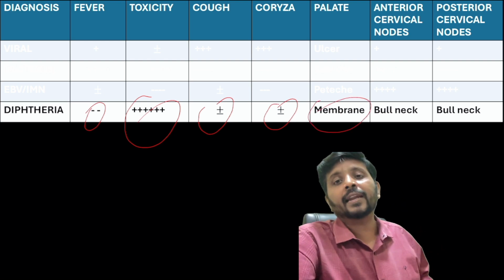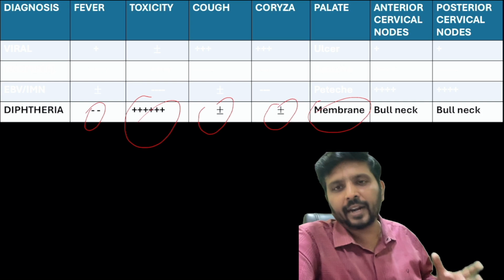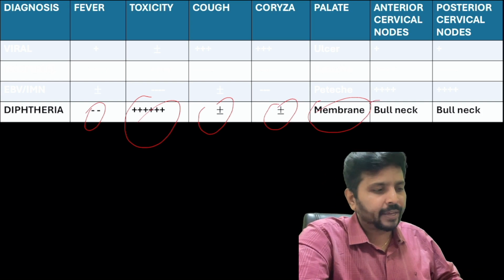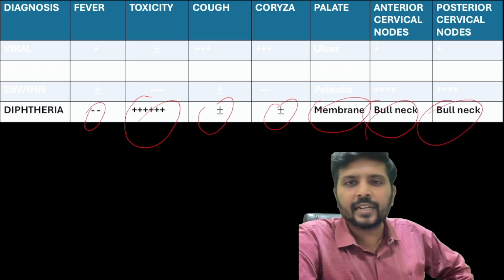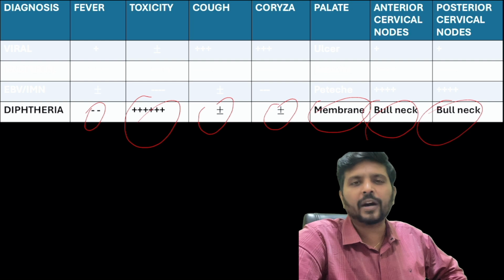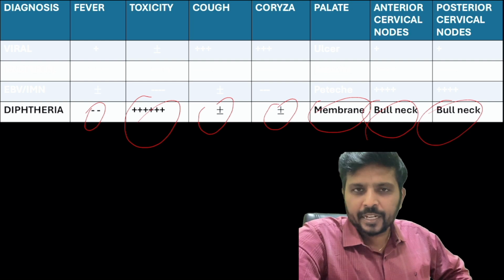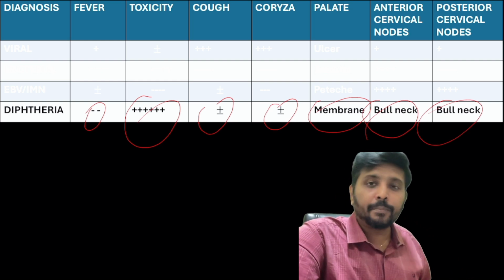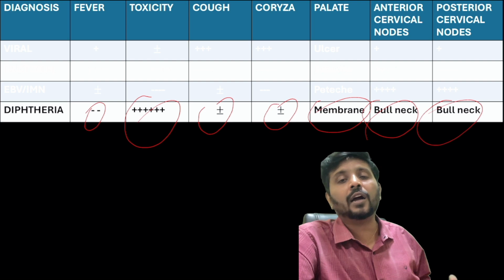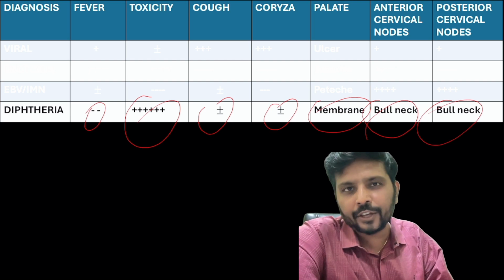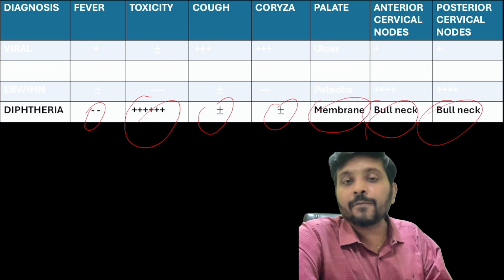Remember, you will have edema involving your neck leading to a bull neck appearance. So you can't differentiate whether it is an anterior or posterior group of lymph nodes. So I repeat, whenever you have low grade fever but significant toxicity along with massive edema involving your neck, think in terms of diphtheria.